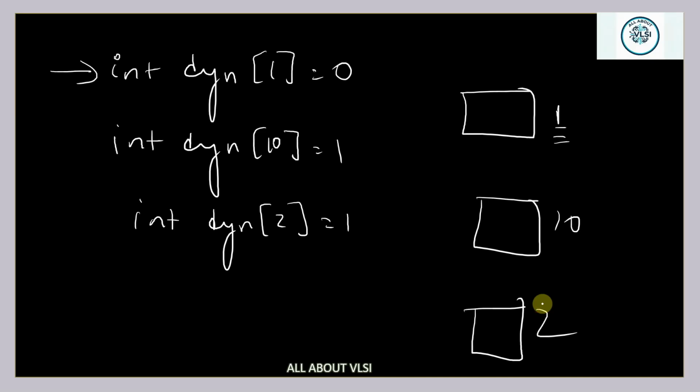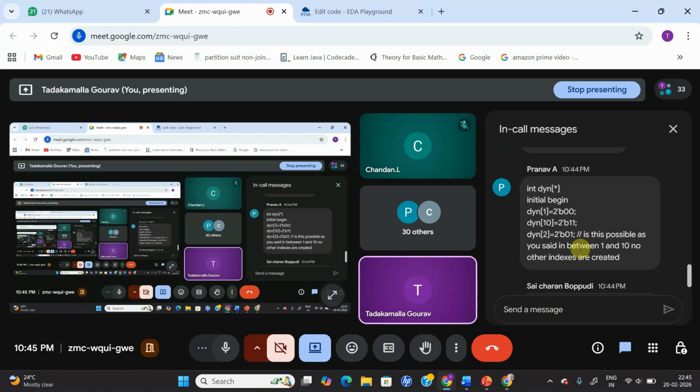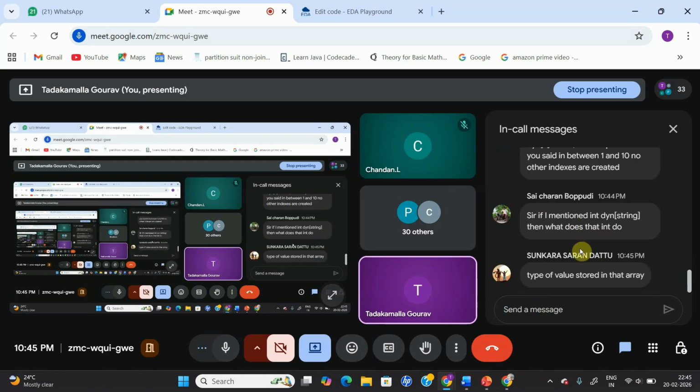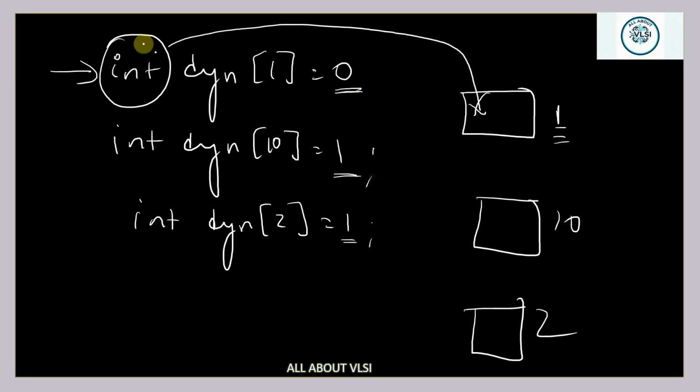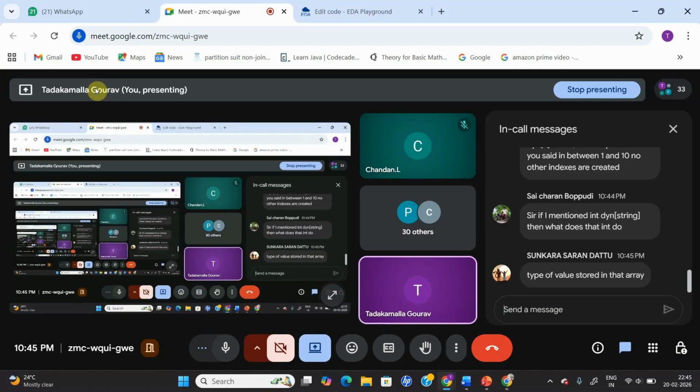Like this it is going to create, and no other memory location is created. And coming to Saicharan, here int basically specifies the element data type which you can store here. The data type on the right hand side specifies the element data type. Is it clear? Shall we move forward?